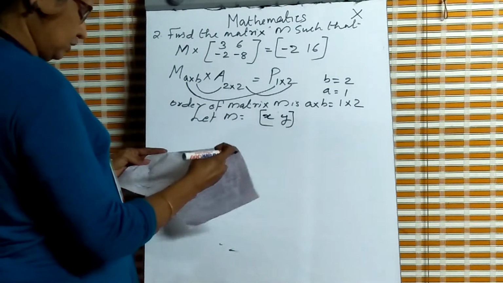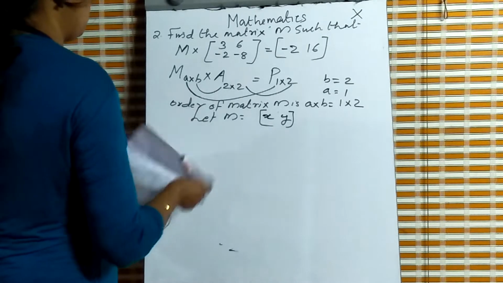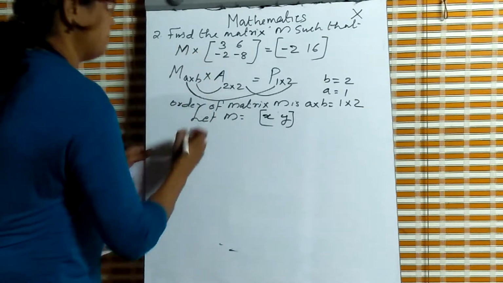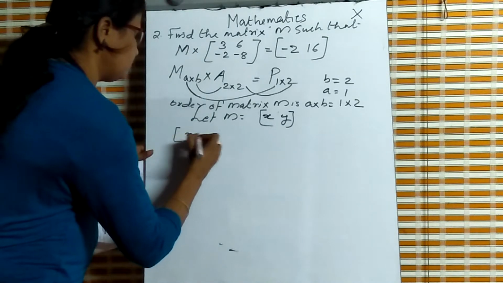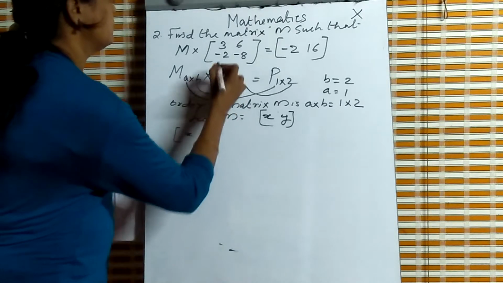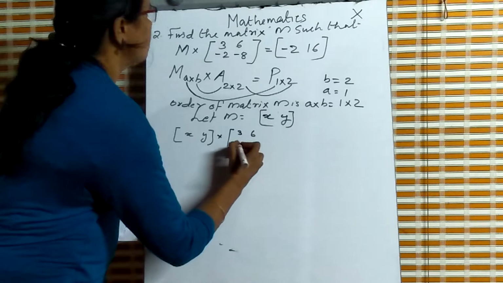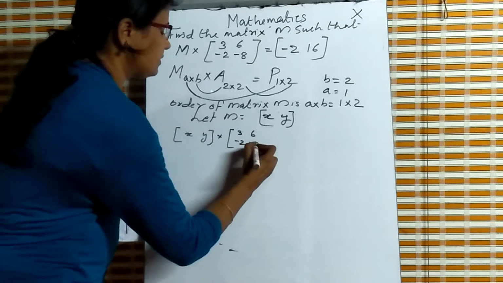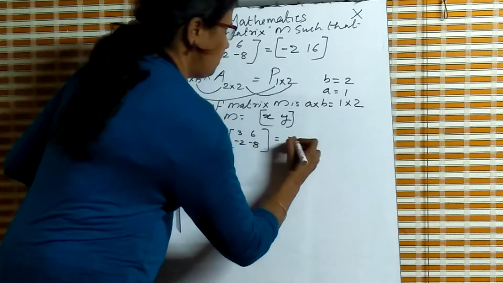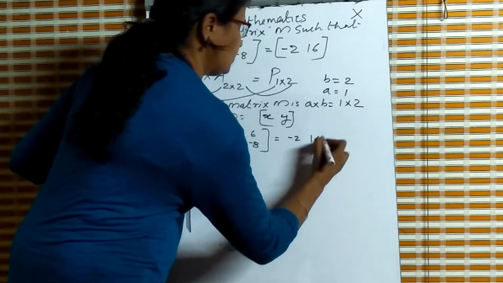The order of the matrix is 1 by 2. Then M, [x y], into [3 6; -2 -8] is equal to [-2 16].